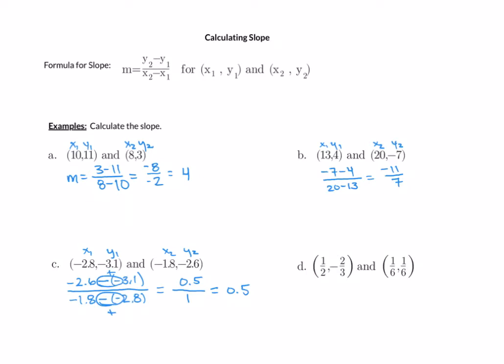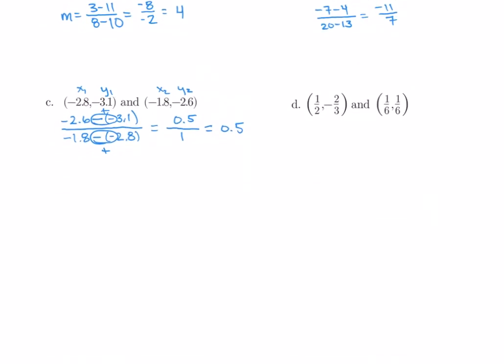Okay, so let's look at example D. Now, when working with fractions, I do write it a little bit different because I don't want a complex fraction. So what I'm going to do is this. Again, let's label our coordinates. I'm going to subtract my y coordinates, so we get 1/6 minus negative 2/3.